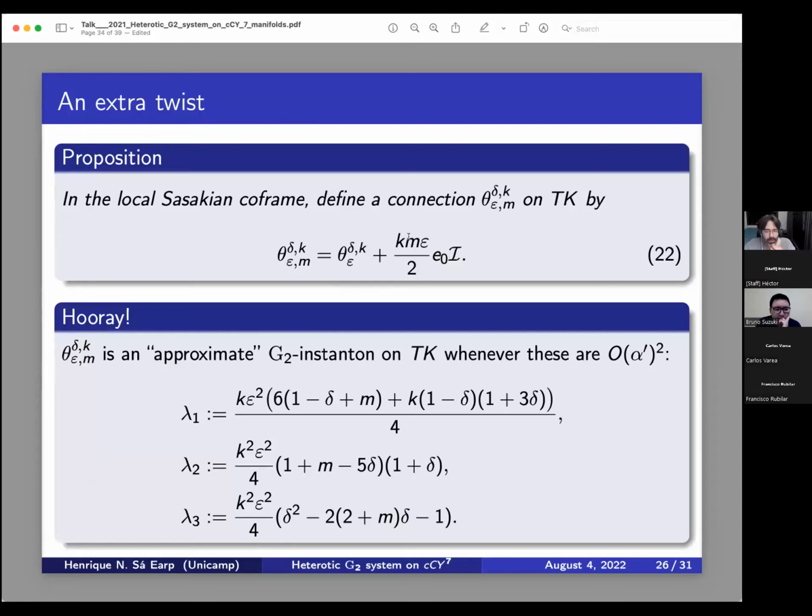And this twist is expressed by this multiplicity M. By performing this twist, we do the connection that would be natural to a twist, but we can think of it as a connection in the original tangent bundle, just by adding multiplicity corresponding to the twist.